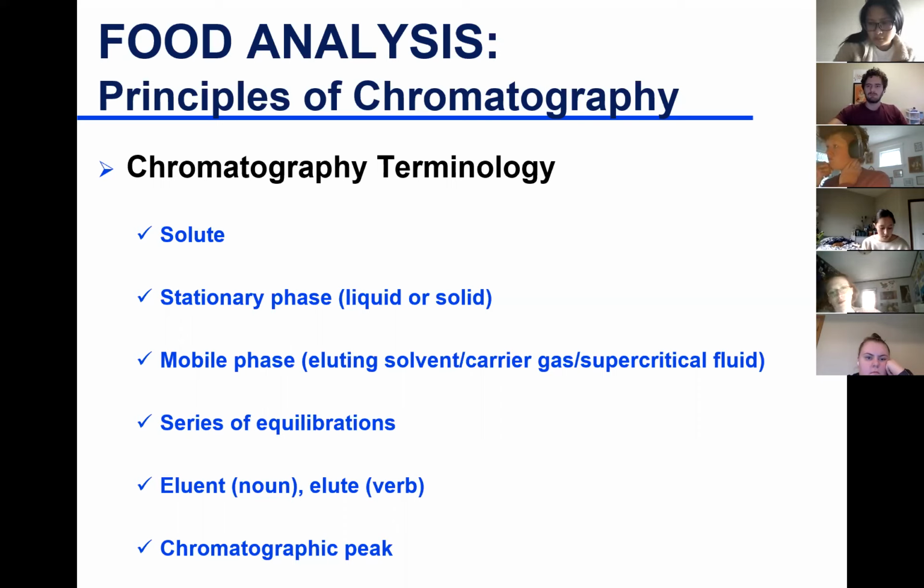It's the same thing, it's your mobile phase, but it is your carrier gas that is inert. For example, in gas chromatography, helium is used as an inert gas. It's one type of gas that is used. Supercritical fluid: CO2 is a gas. If you put it under higher pressure and temperature, above the critical pressure and temperature, it simulates liquid characteristics. So that is a supercritical fluid.